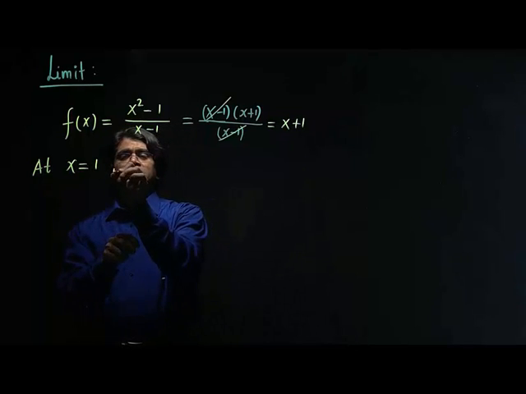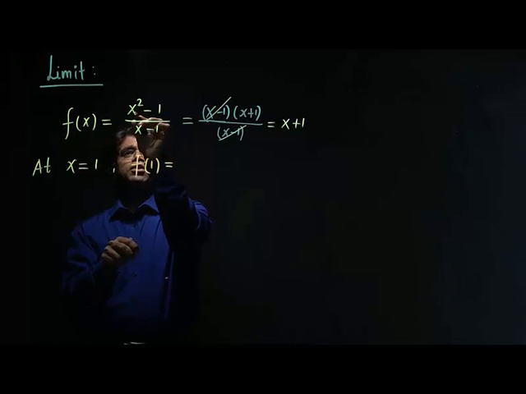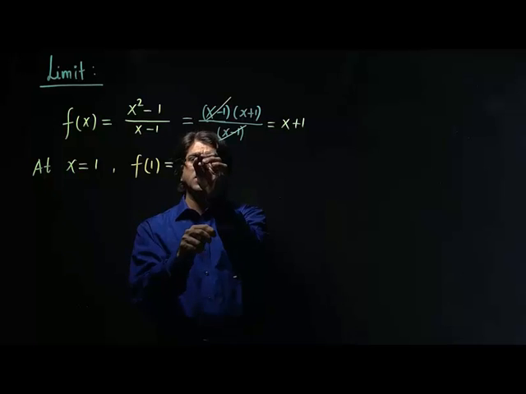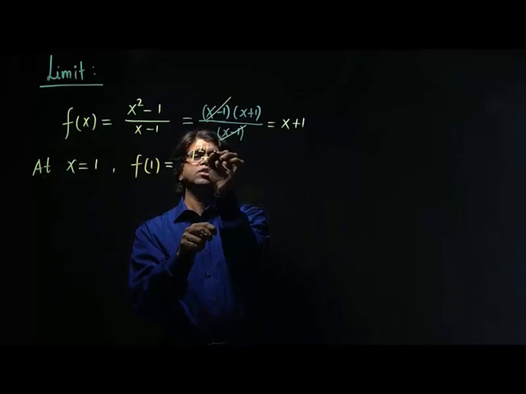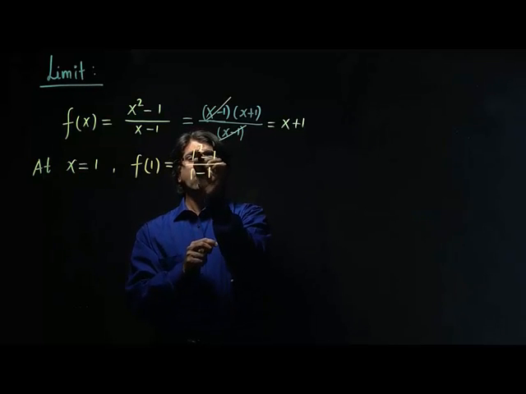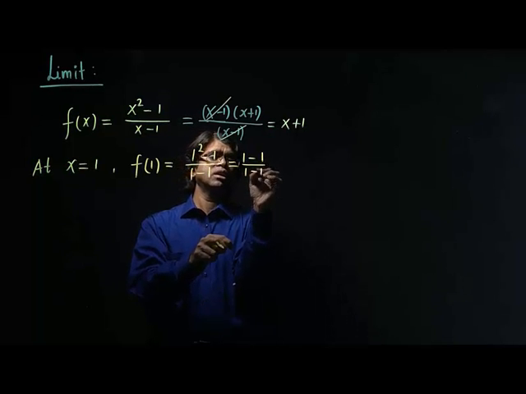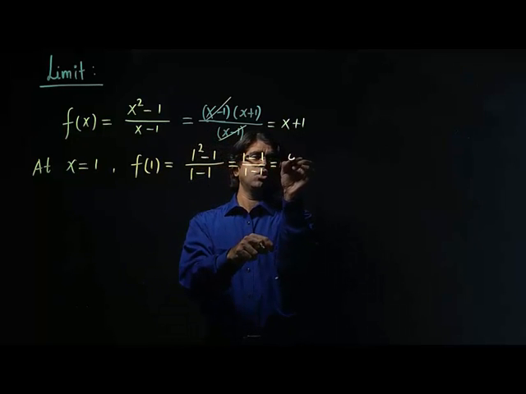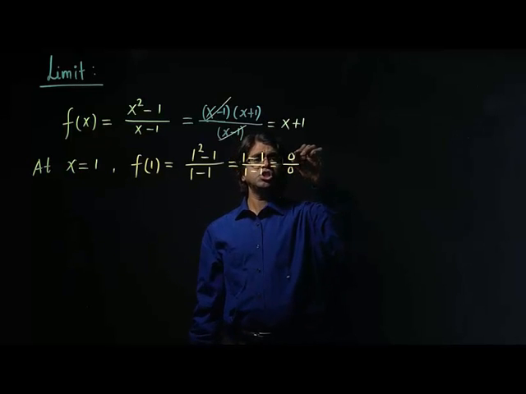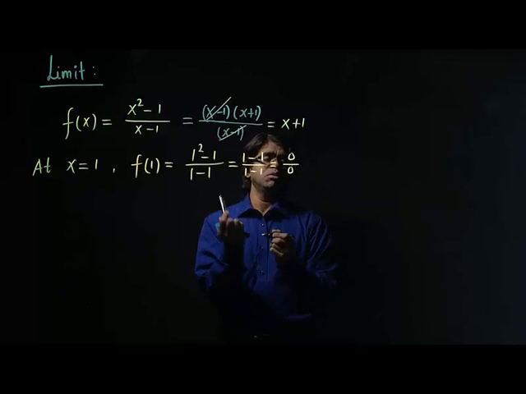You will write f of 1 is equal to, substituting x as 1, 1 squared minus 1 over 1 minus 1. So 1 squared is 1, minus 1 over 1 minus 1. 1 minus 1 is 0, and 1 minus 1 is also 0. So I have 0 over 0. Can we define this? Probably not.